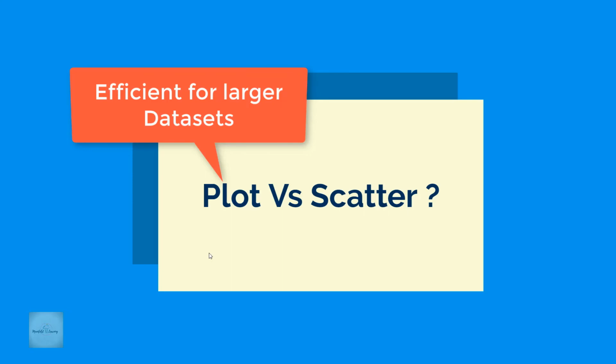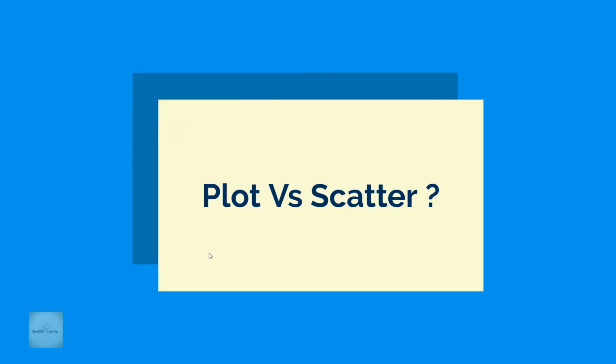So for large datasets, the difference between these two can lead to vastly different performance. For this reason, we always prefer plt.plot over plt.scatter, especially for larger datasets. Okay? So guys, this was just a simple note on efficiency. And with this, we come to the end of the scatter plot. So, see you in the next video.